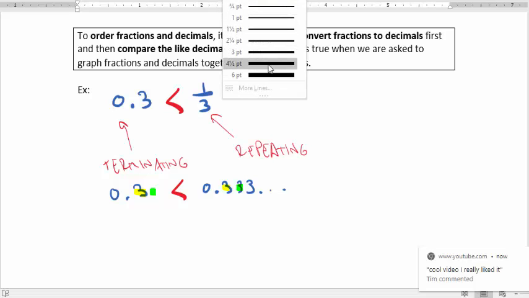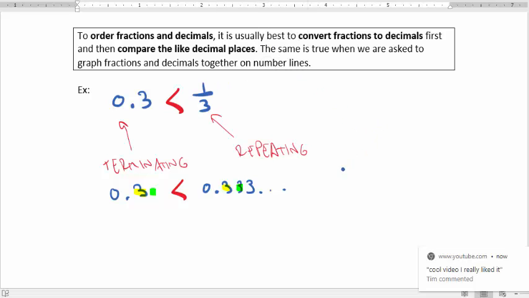And then same thing, because you can't confuse rounding with ordering, right? So like if I said 0.67 and 2/3, yes, if I round 2/3 to the nearest hundredth, I'm going to get 0.67. But is 2/3 really 0.67?